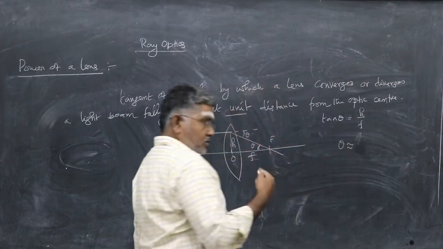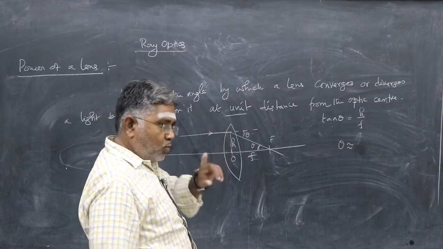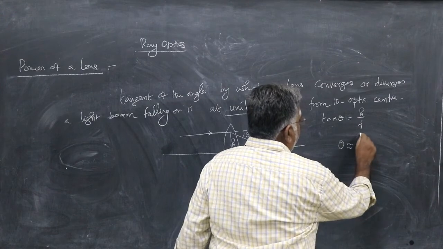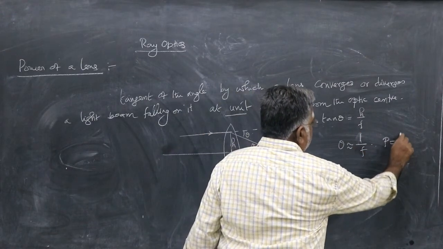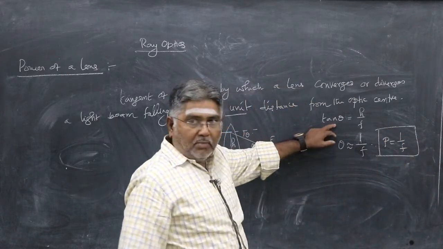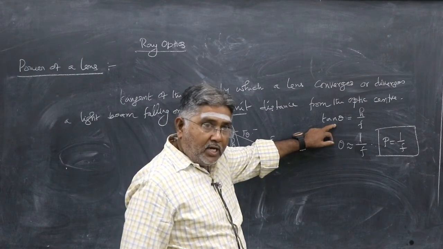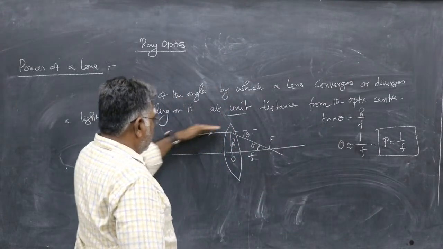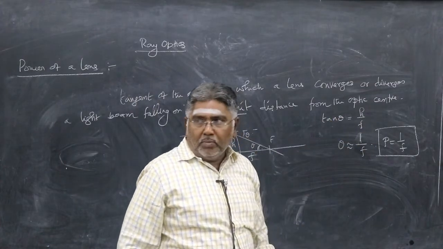H is 1 because when you define optical power, you have to consider this H as 1, unit distance. So 1 by f. Therefore, the power is defined as 1 by f: tan of the angle by which a lens converges or diverges a light beam falling at unit distance from the optic center.